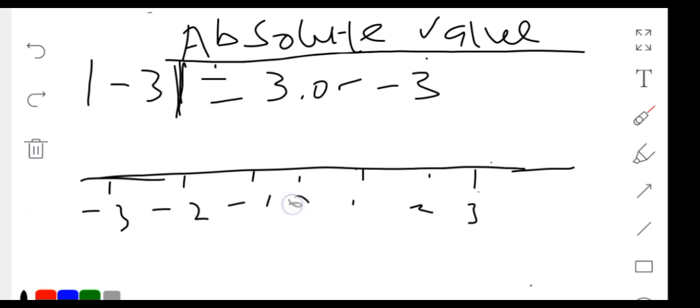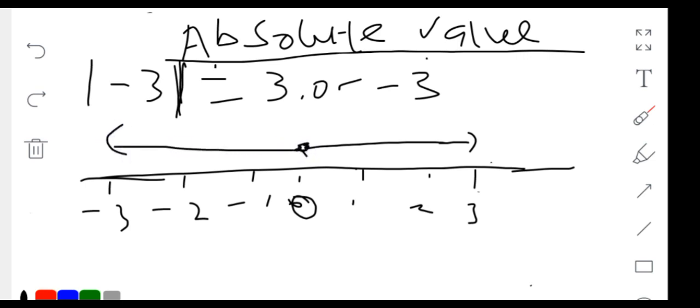So representing this on the number line, absolute value of minus 3 will be from the origin to 3, also from the origin to 3.